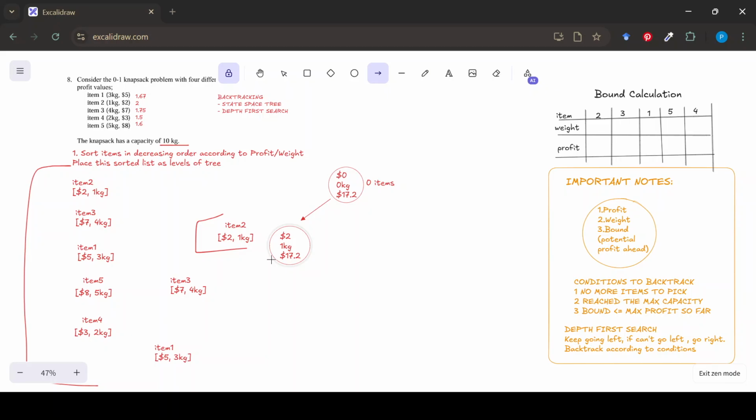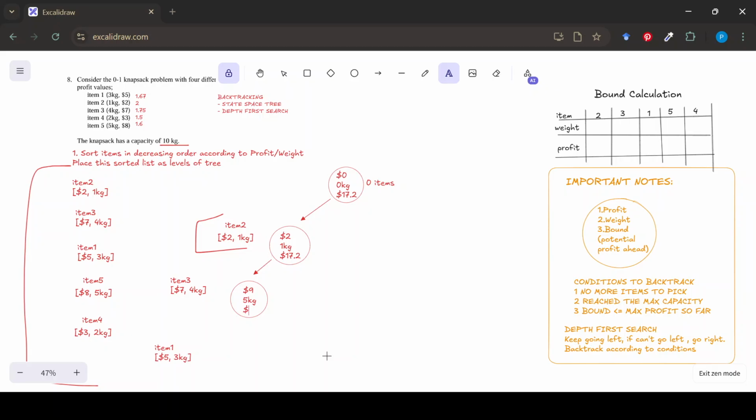So there is still some promise left in this node. Well, let's continue with our depth first search. So we'll go left, and here we are picking up item 3. So let's get the information for this state. So our new profit is 2 plus 7, 9. Our new weight is 1 plus 4, 5.